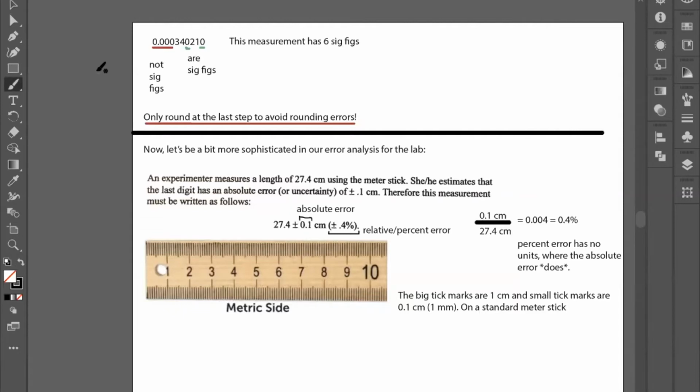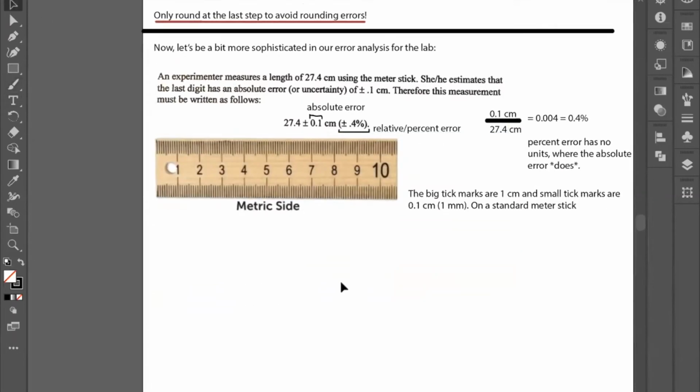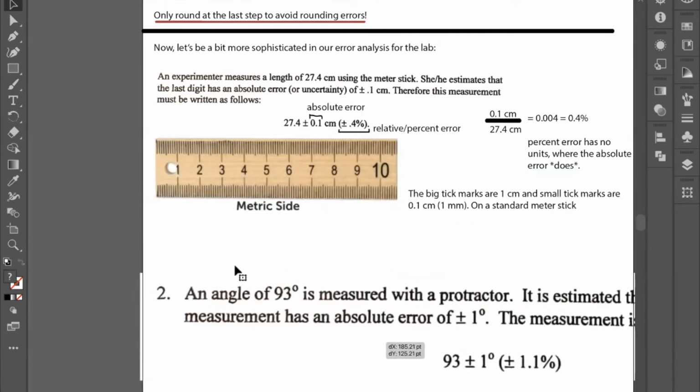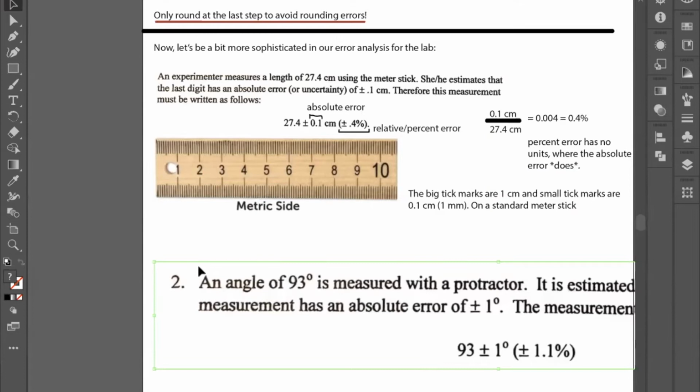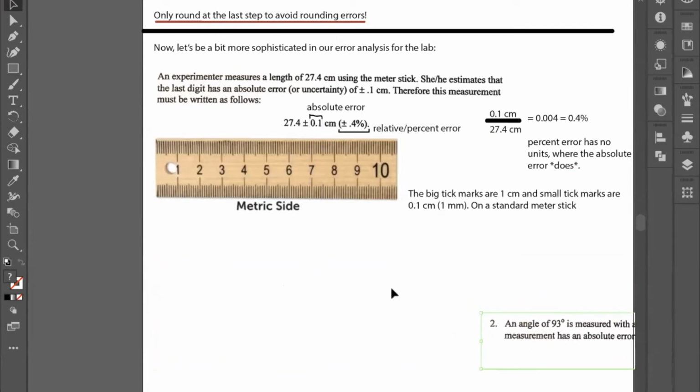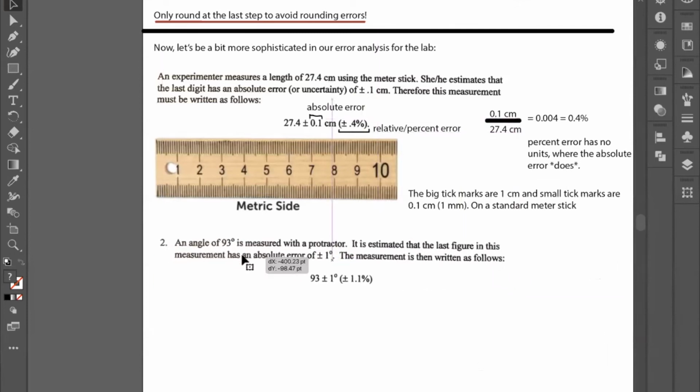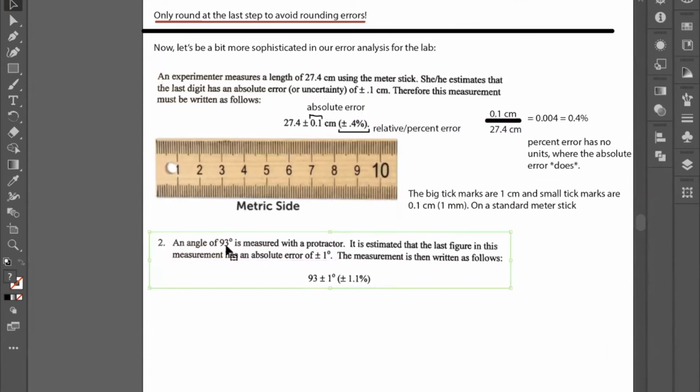So let's say we had an angle of, stealing this from your lab. If you want to follow along, actually look at your lab. The first thing, download the PDF from the lab manual that's posted there. So we got 93 measured with a protractor.